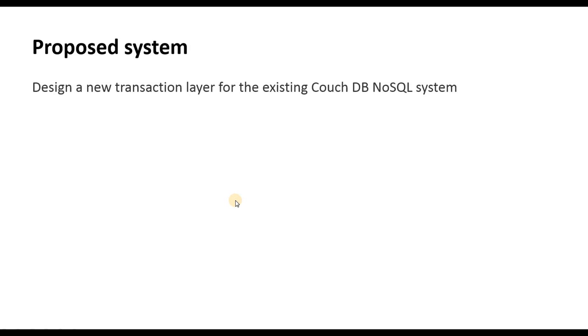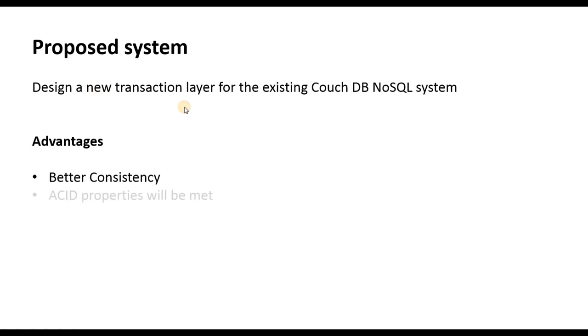And coming to our proposed system, right, we are going to develop a new layer, which will provide the transaction management support for the existing CouchDB system. That means we will provide the ability for our clients to roll back the queries if they want, which is not provided by the existing NoSQL system.